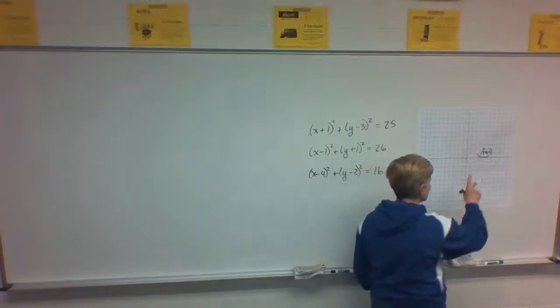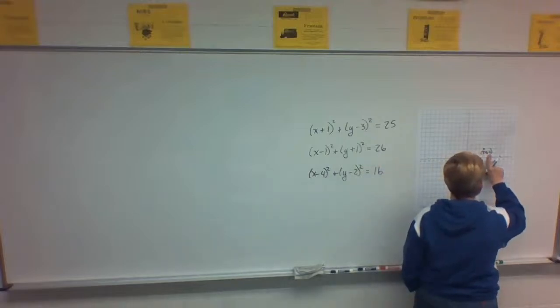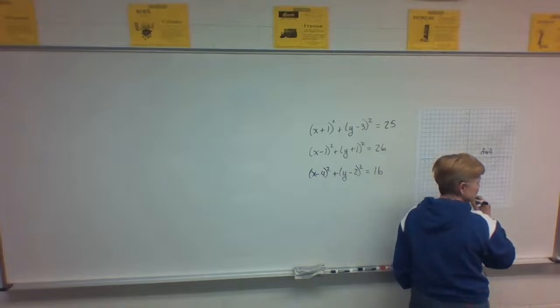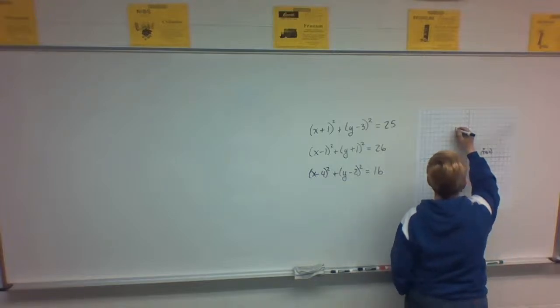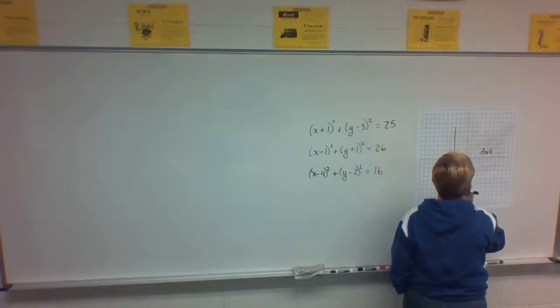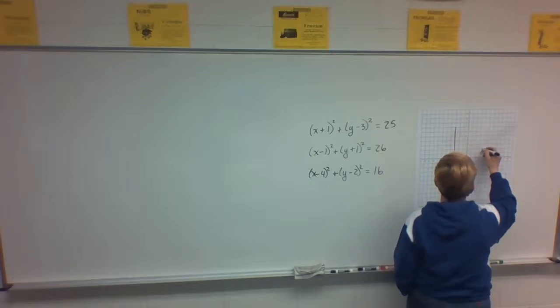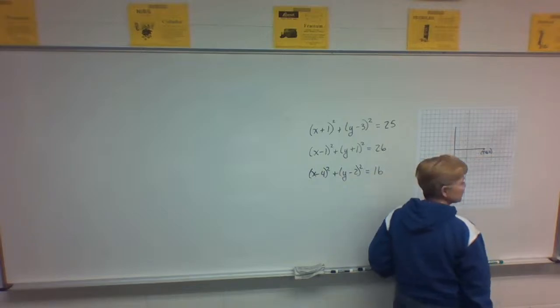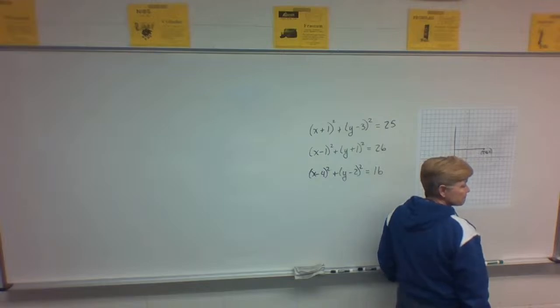Do you know what x equals -3 looks like from your experience in algebra? Is it horizontal or vertical? Vertical. This is x equals -3. If it's going to be tangent to that as it comes around, then the radius will be this, which is 7. So this would be 49. You okay with that? Yeah.